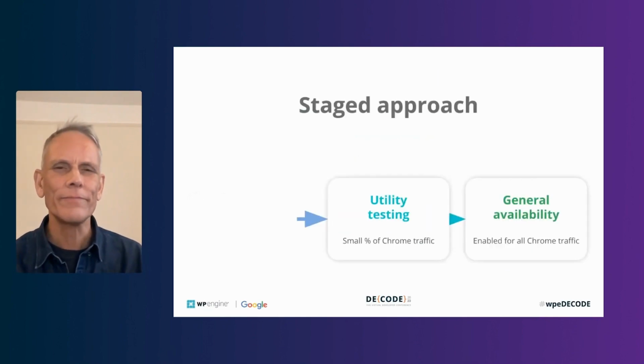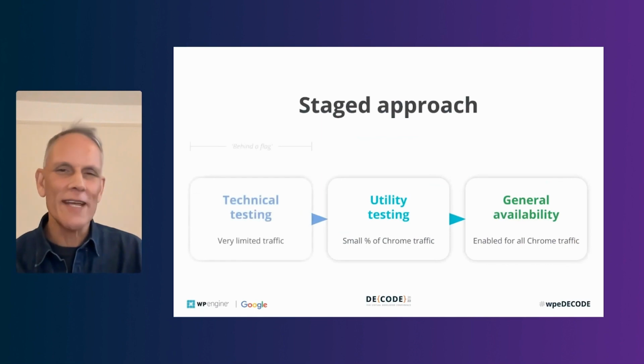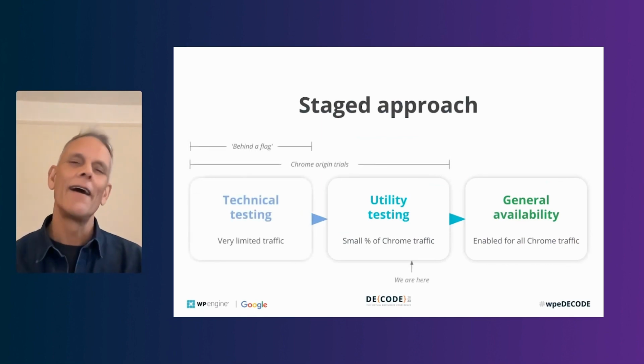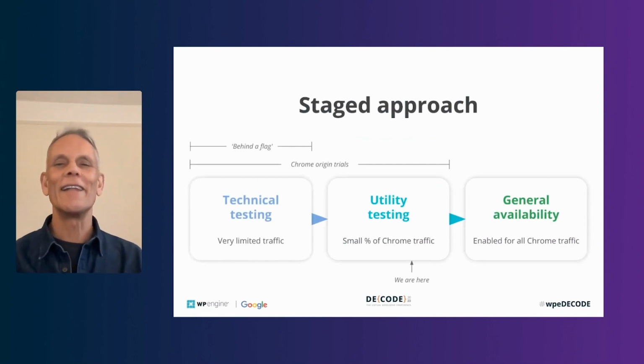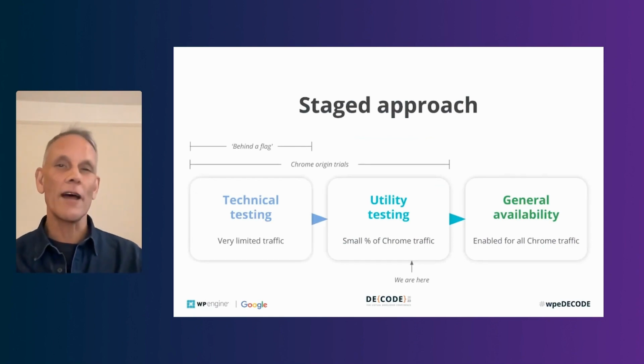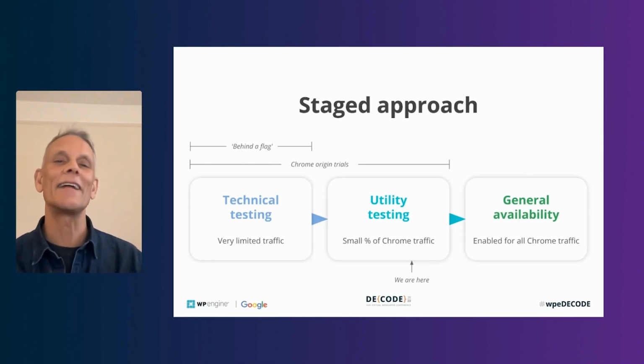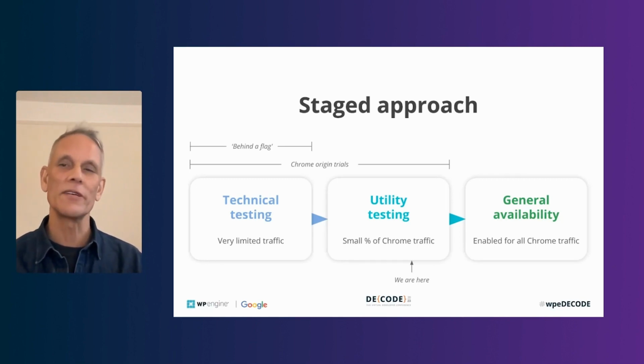So now we've had a period of technical testing with the APIs activated using Chrome flags, and now in Origin trial initially activated for only a small percentage of Chrome users. So now we're at the stage of utility testing. 50% of Chrome Canary, Dev and Beta users have the Ads Origin trial APIs activated on pages that provide a valid token, and 5% of stable users.